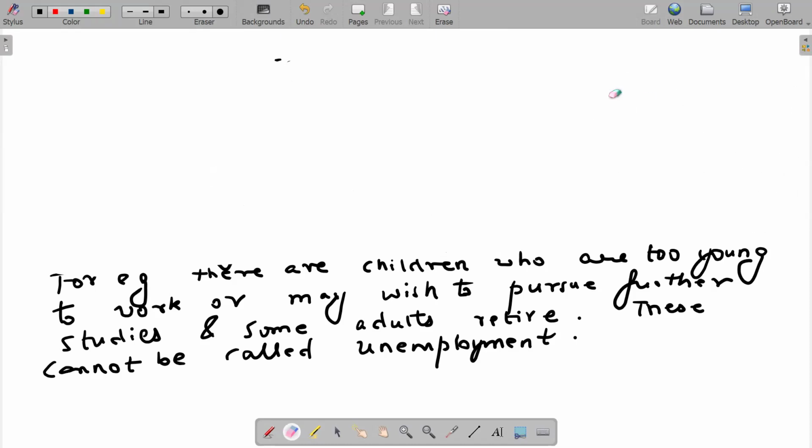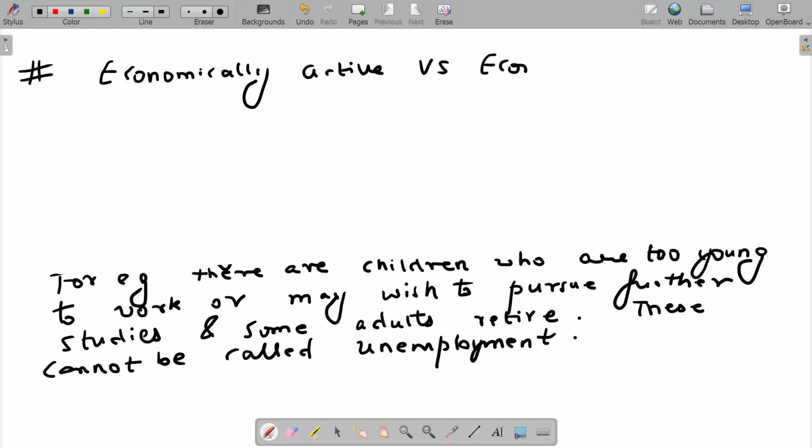And let's write the next note: economically active versus inactive. Economically active versus economically inactive.